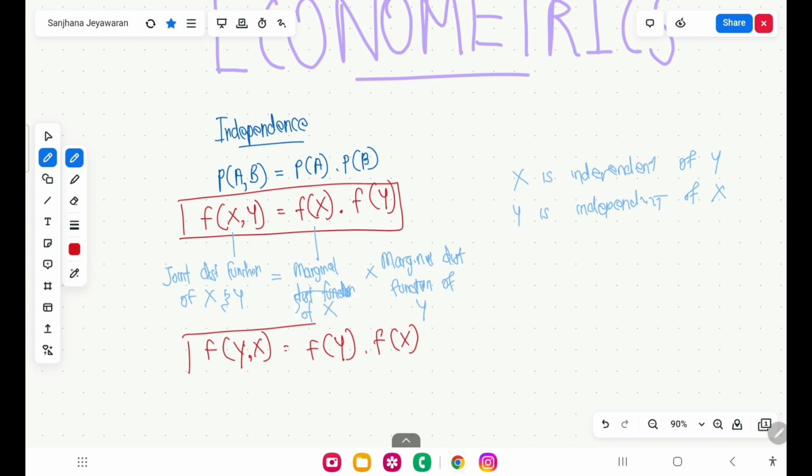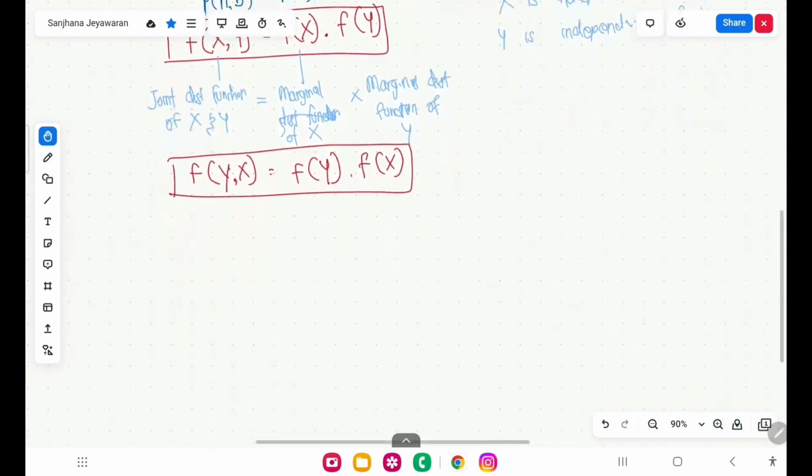Since this works both ways, we can say that the concept of independence is symmetric. When we move on to mean independence, you will have a clearer understanding of what this symmetry means. The next part is mean independence.